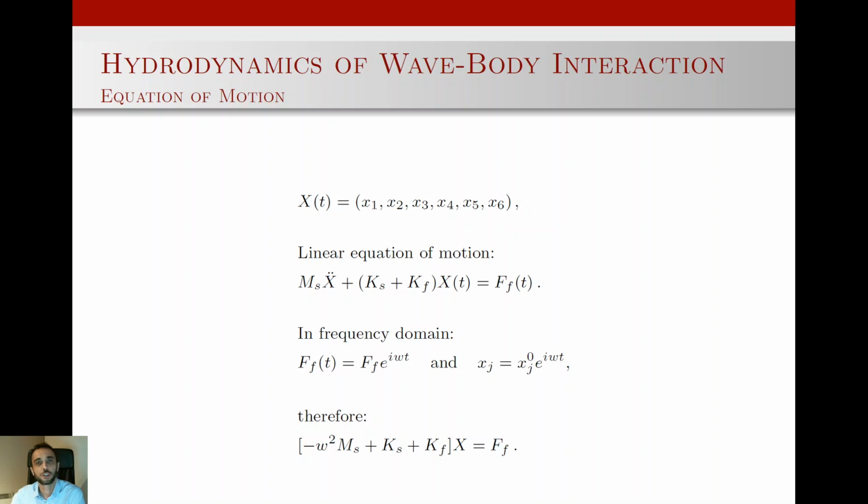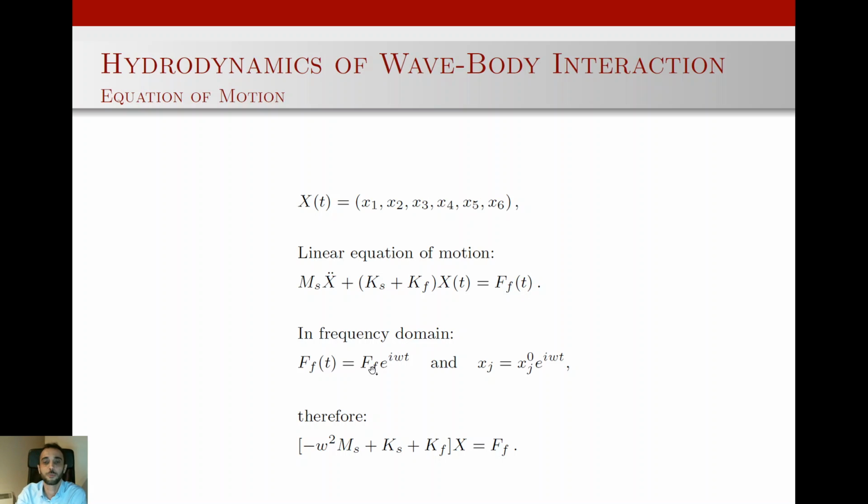The linear equation of motion of the object can therefore be written in this form, where m is the mass matrix of the object, that includes mass and inertia in general, ks is the effect of the moorings on the structure, and kf is the hydrostatic force on the structure. And on the right hand side we have f of t, basically the forces due to the fluid on the structure in the general form. We still don't know exactly what this force is.